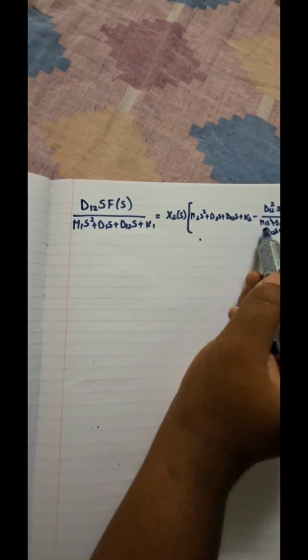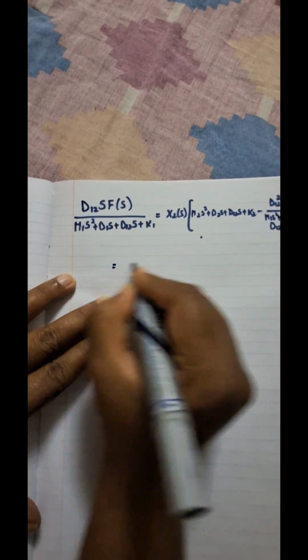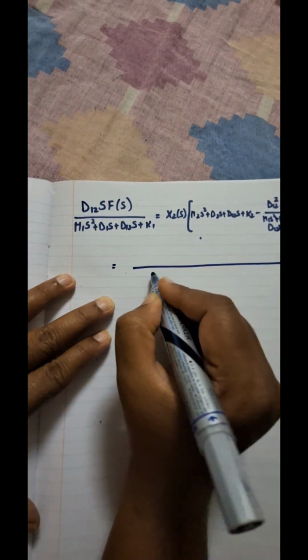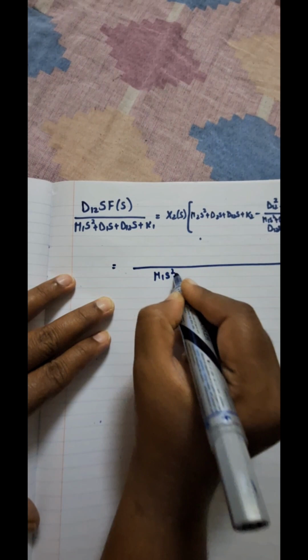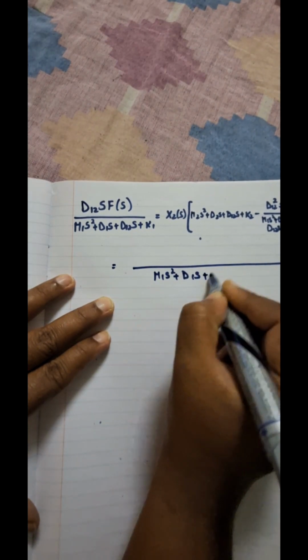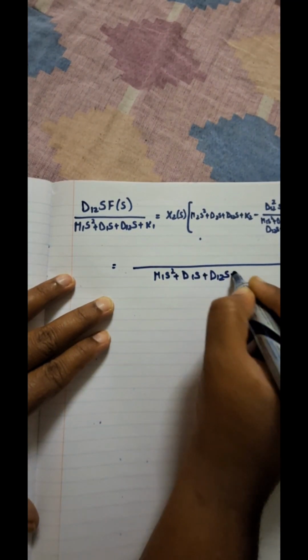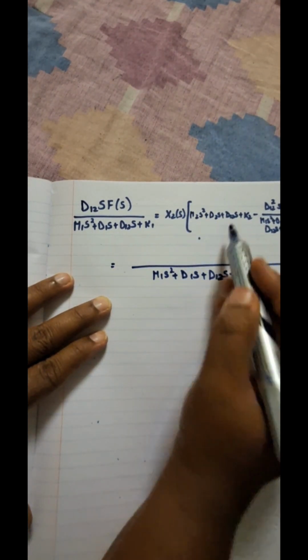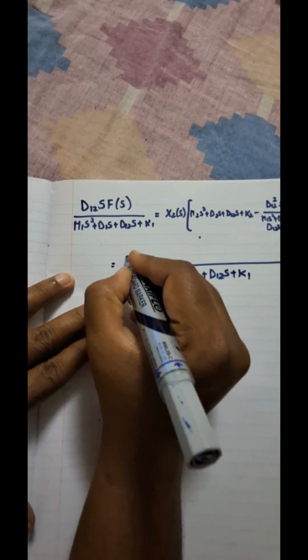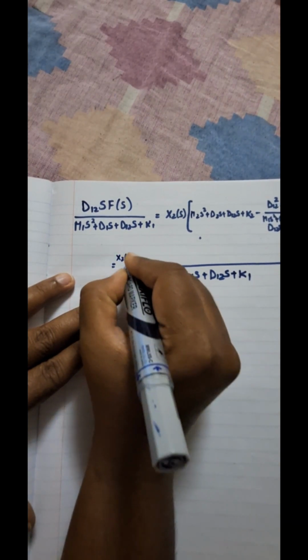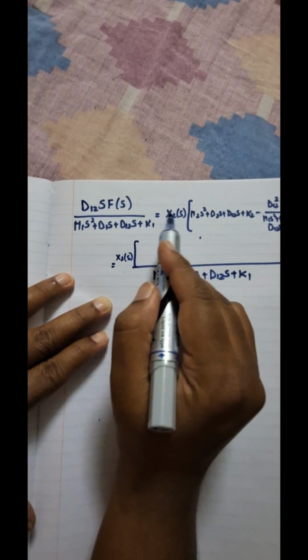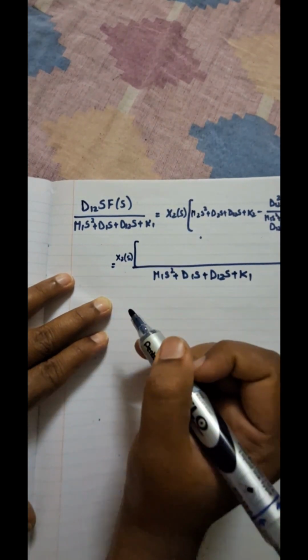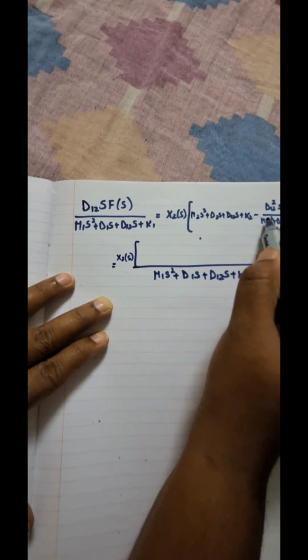So let me take LCM of these two. So this is equals to, if I take LCM, it will be m1s square plus d1s plus d12s plus k1. But there is no LCM here. So this should be multiplied with this, right? So x2 of s into, because x2 of s is there, never forget this. This one multiplied with this.